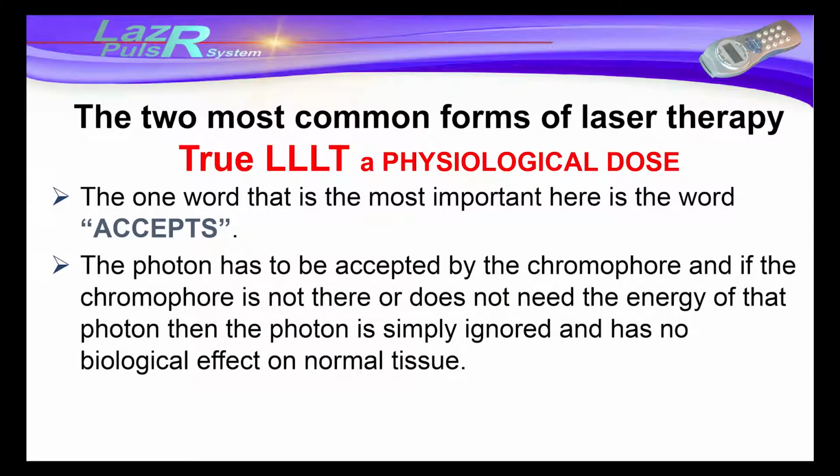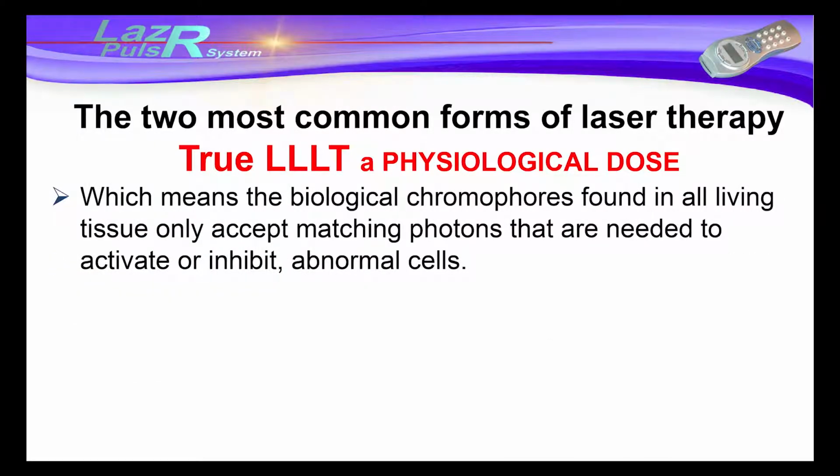The photon has to be accepted by the chromophore, and if the matching chromophore is not there, or does not need the energy of that photon, which is the case with normal tissue, then the photon is simply ignored and has no biological effect on that normal tissue, which means the biological chromophores found in all living tissues only accept matching photons that are needed to activate or inhibit abnormally functioning cells.